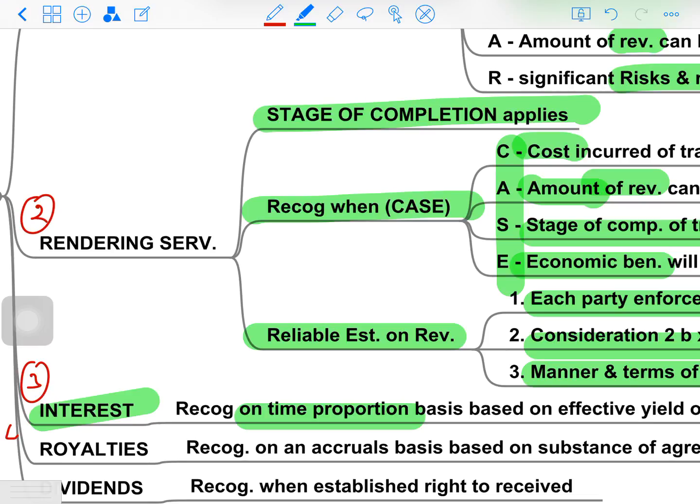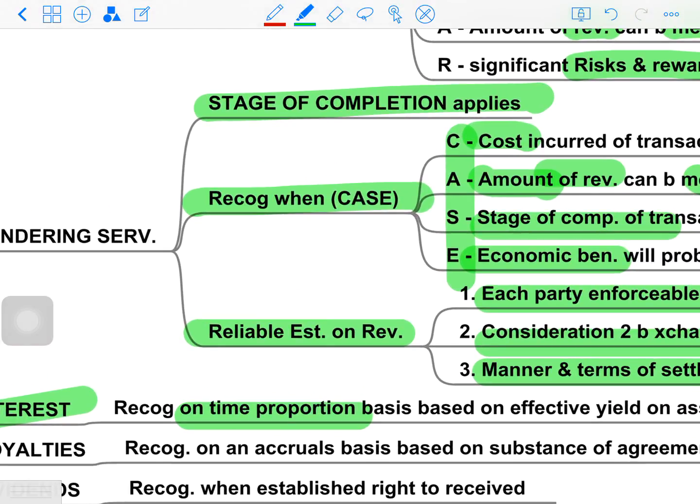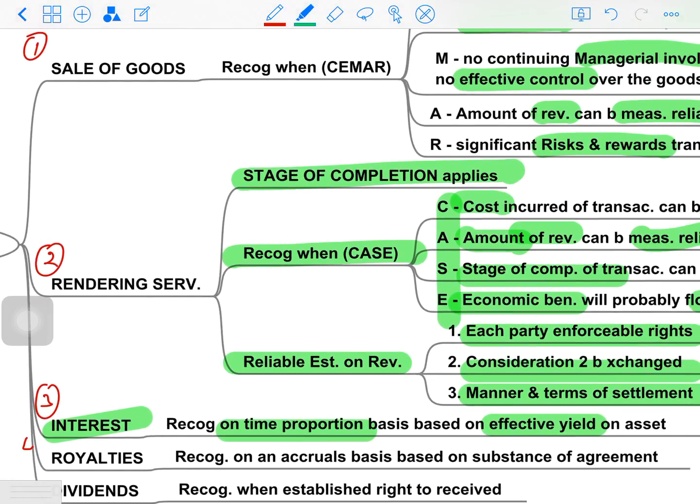You buat loan, you kena bayar dalam masa 10 years kan. So every year there is an interest. After 1 year has passed, you bayar interest. Kalau during the year, you ambil for that financial year hanya 6 months kan. 6 months over 12 months based on time. Okay, period. So it should be based on time period, based on effective yield. Effective yield, discounted rate, effective yield on the asset. So that is basically for interest.